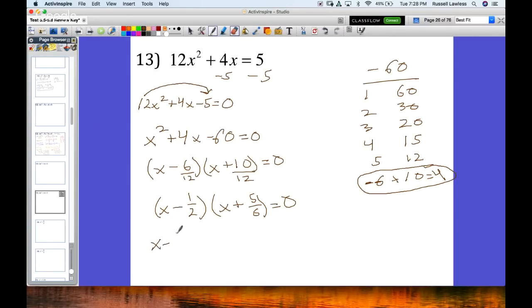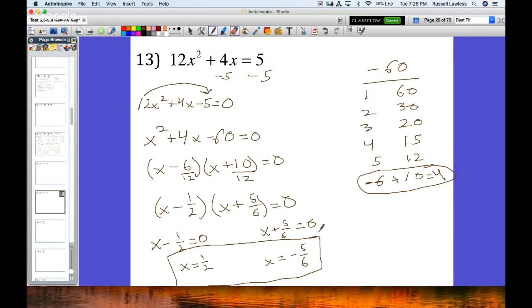So if I'm going to solve the puzzle, that'll give me x minus 1/2 equals 0, so x is 1/2, and x plus 5/6 equals 0. That'll just give me x is equal to negative 5/6. And that's how you solve by factoring.